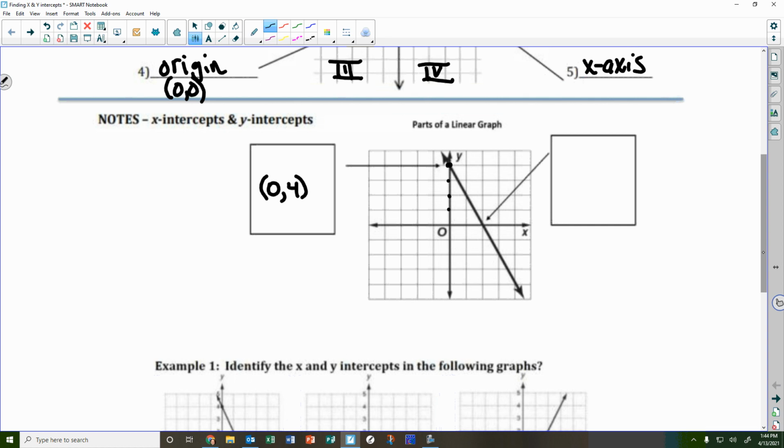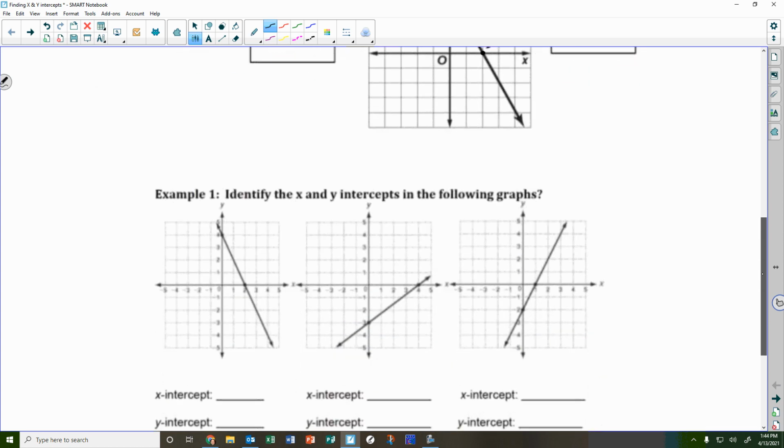And the x-intercept right here is at 2, and on the x-axis, the y is always 0. So this would be the point (2, 0). Okay. So again, this would be your x-intercept. This would be your y-intercept. Make sure your zeros are in the right places. Okay. If you write that as (0, 2), that doesn't put it in the right spot on the y-axis.